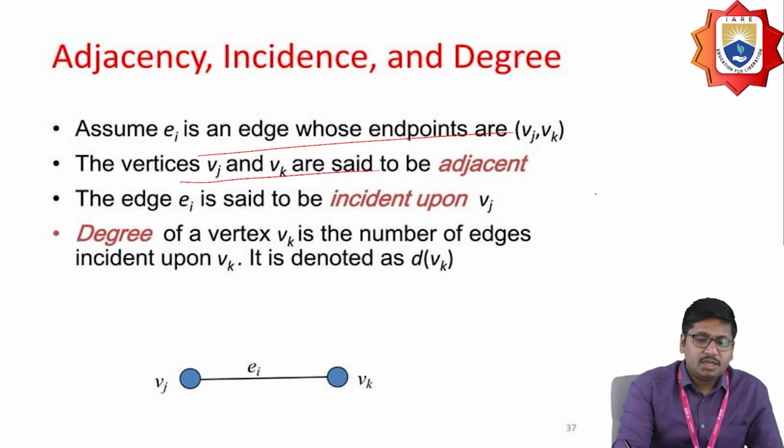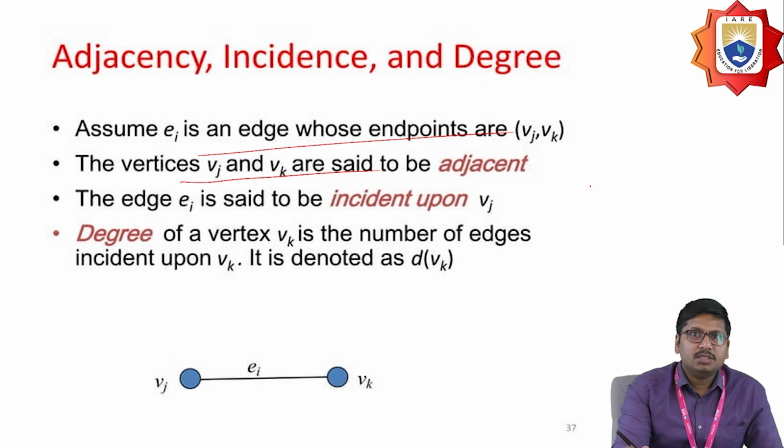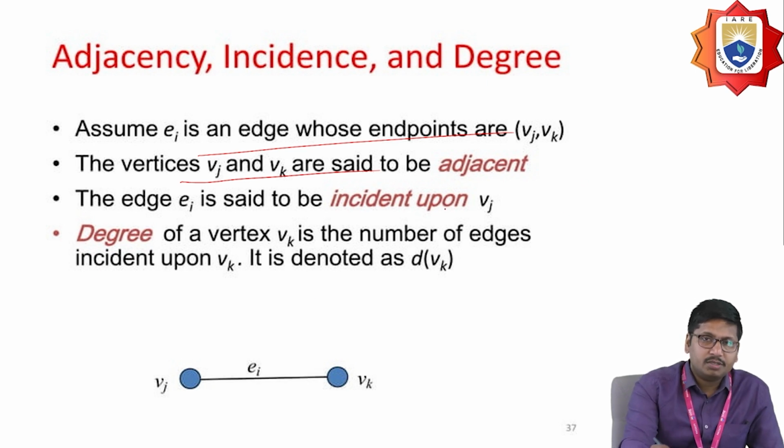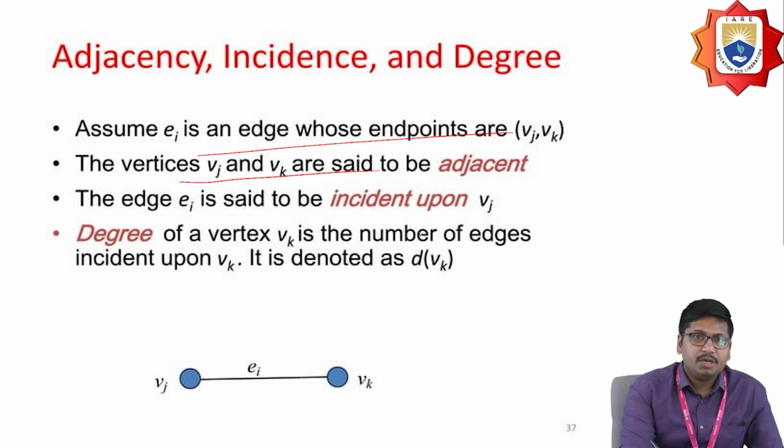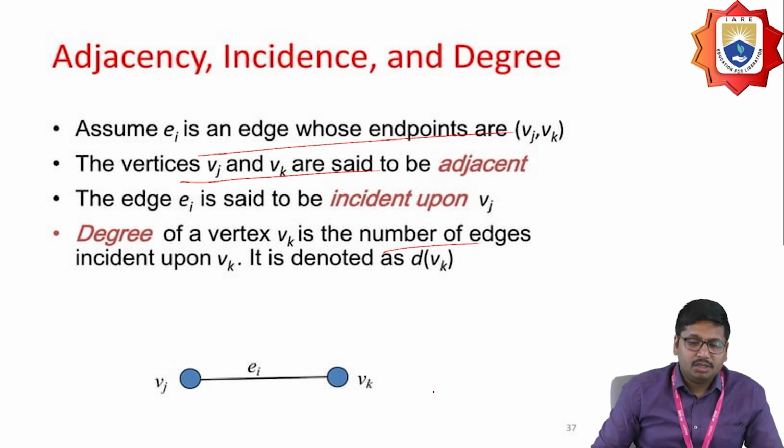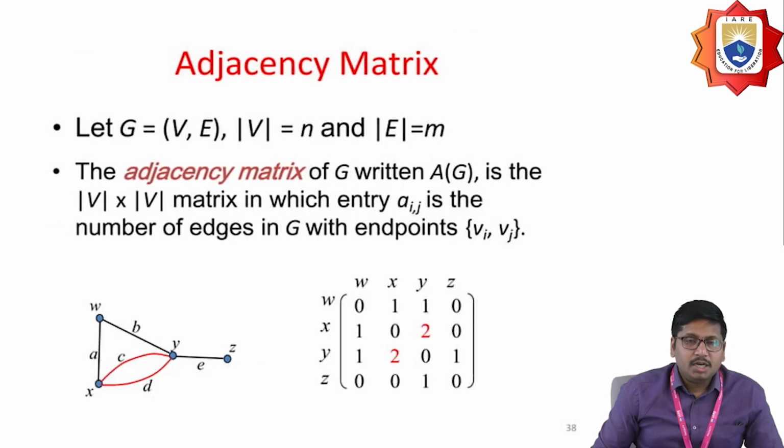The edge is said to be incident upon a vertex Vi, and the degree of the vertex is the number of edges incident upon it. Let G be a graph with a vertex set V and an edge set E, where V is the number of vertices and E is the number of edges, written as G = (V, E).